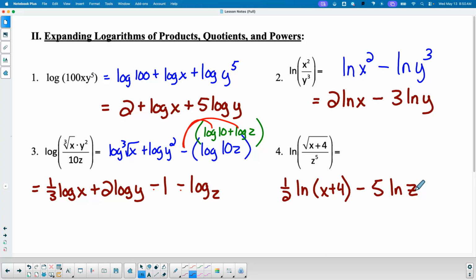Parentheses important there on the x plus 4. Extremely important, because otherwise it's a totally different problem. Okay. Good? All right. Let's condense now.